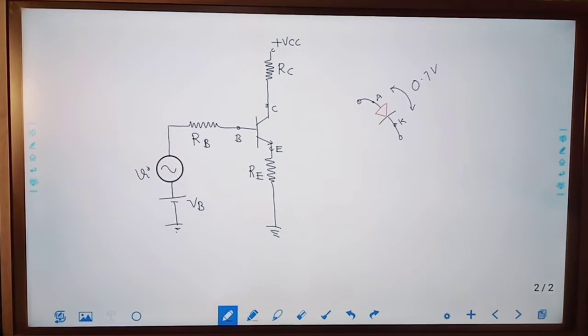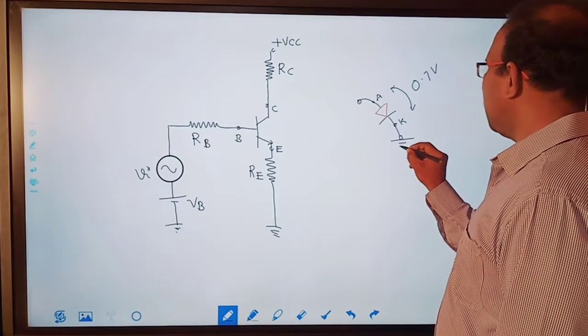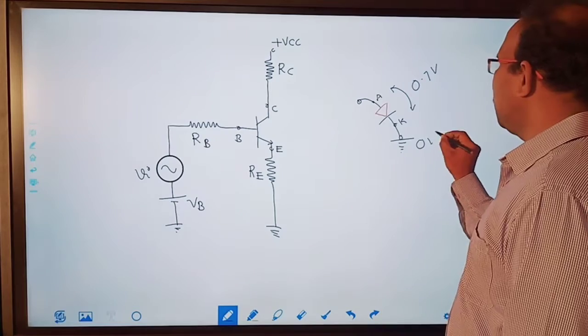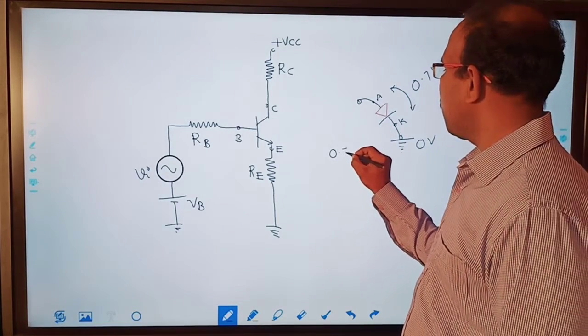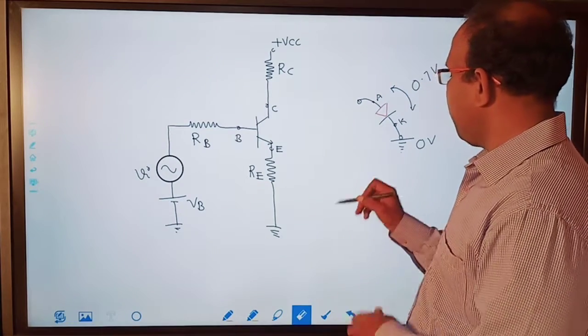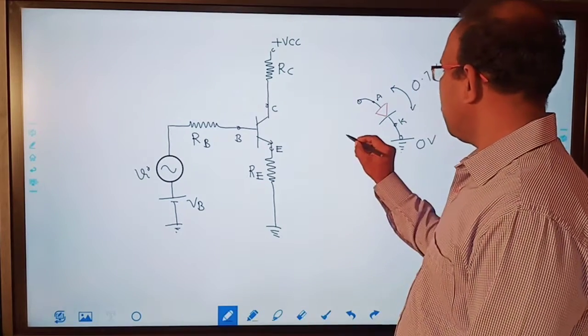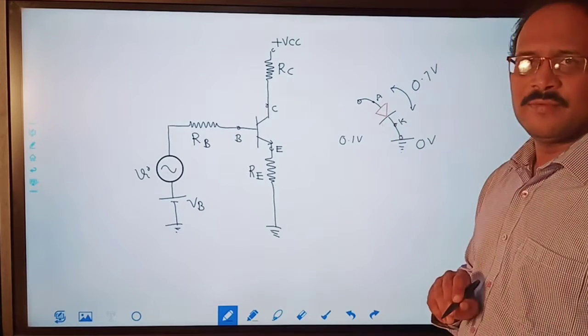Now if I give here 0 volt, that means I ground this, and if I give 0.1 volt, will the transistor conduct?